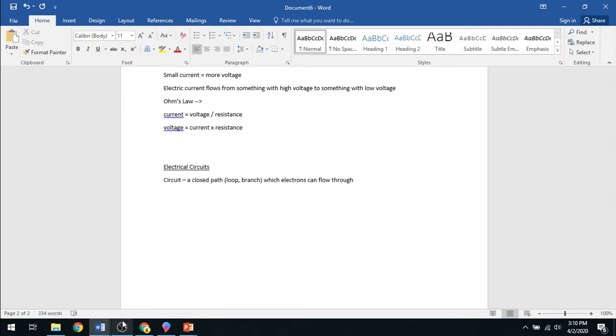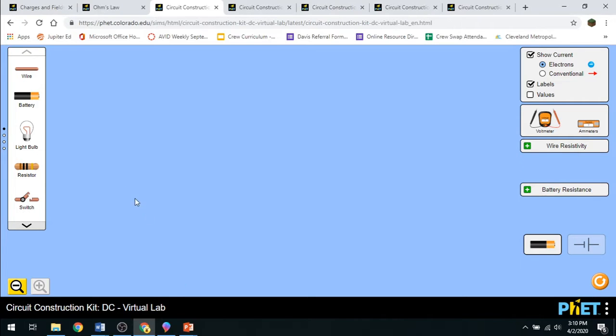So to illustrate this, I've got a little program here, and we're going to use a couple tools. I've got a battery, some wire, and a light bulb. And notice that the light bulb is not turned on yet. Nothing's happened here.